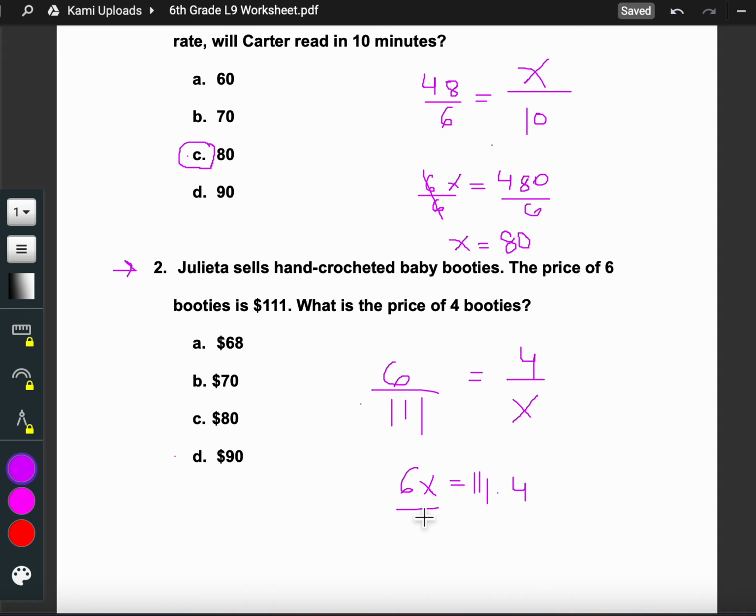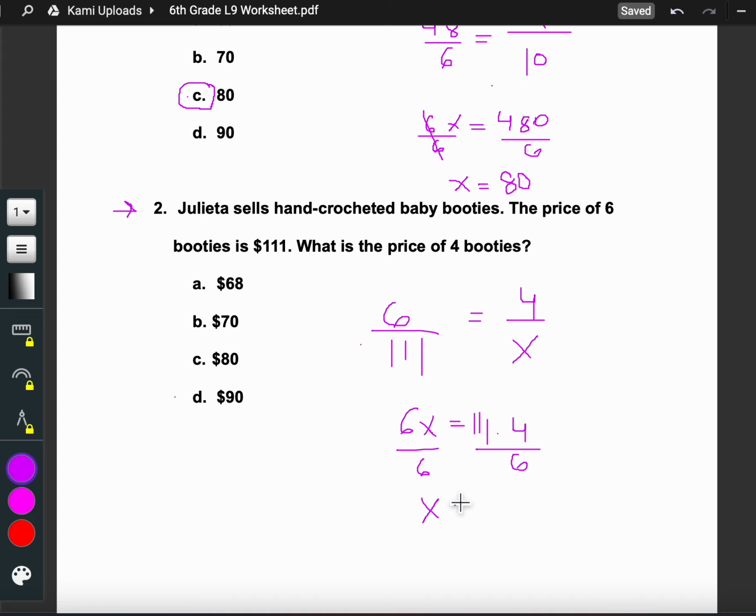And like always, we're going to divide both sides by 6. And we already know that 6 divided by 6 is 1. So that leaves x alone. And then we should get, let's put it into the calculator.